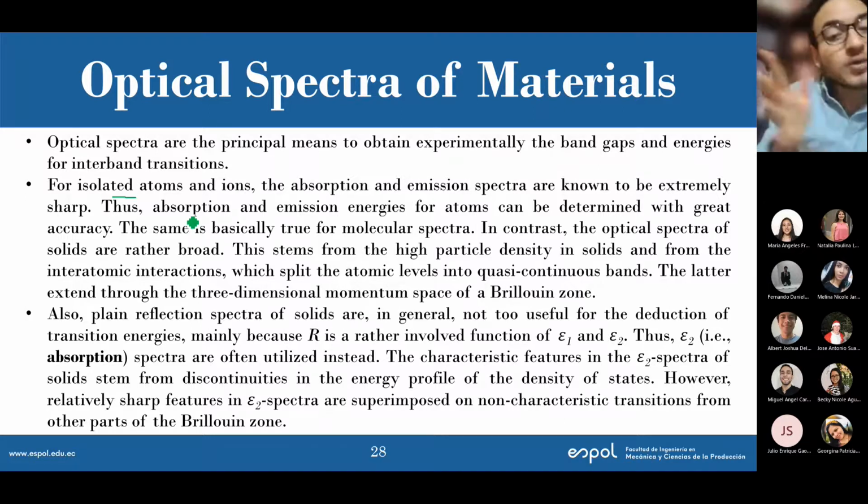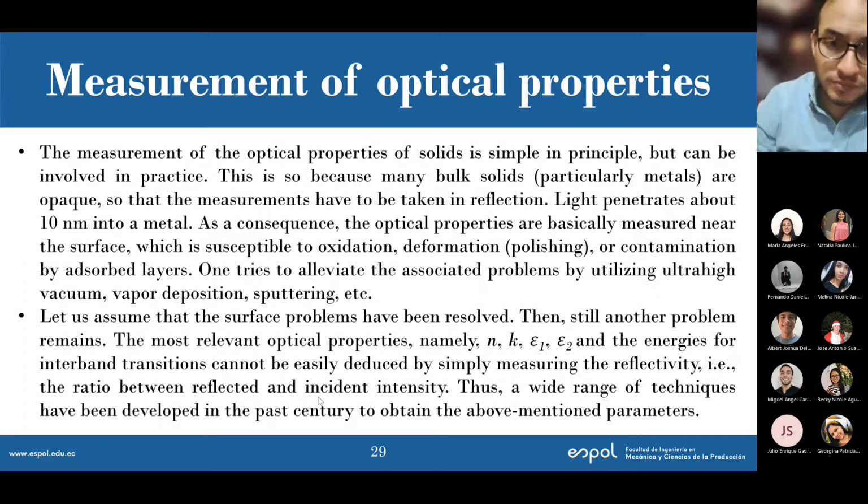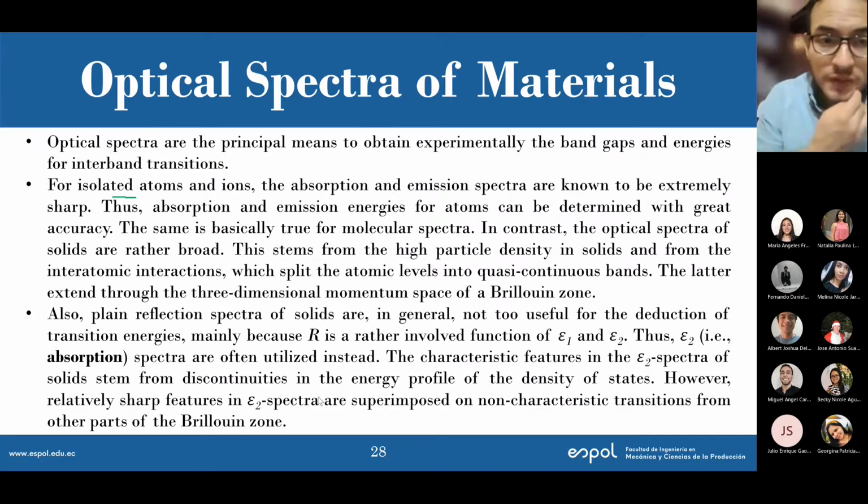That is why you have a characteristic spectrum for each material, because each material has its own energy profile for the density of states. Okay. So remember, this is just a side note on how you can measure this, and it's usually by taking advantage of an absorption spectrum.